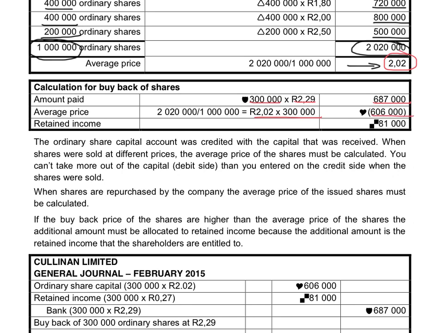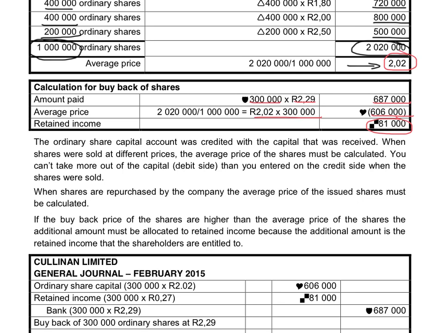So the capital is reduced by 606,000. The difference between the amount that will be paid, 687,000, and the amount that we can reduce capital with, 606,000, gives us the 81,000.